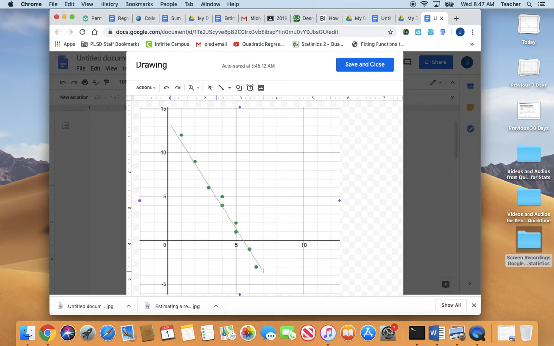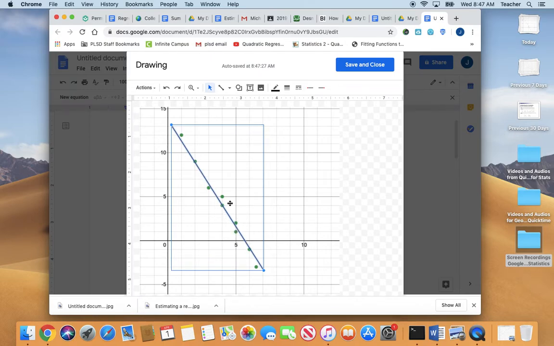I'm looking at this line, and it looks to me like that would be a pretty good line of best fit. If I don't like it, I can choose this arrow here, and I can move it a little bit up or down and adjust it. If I'm looking at this line here, I think this line is a pretty good fit.